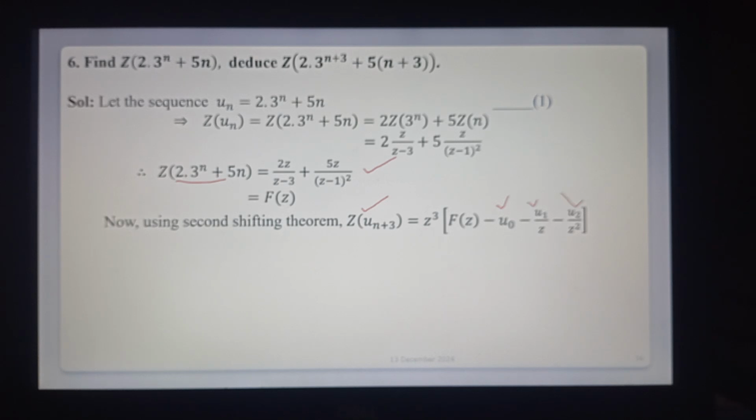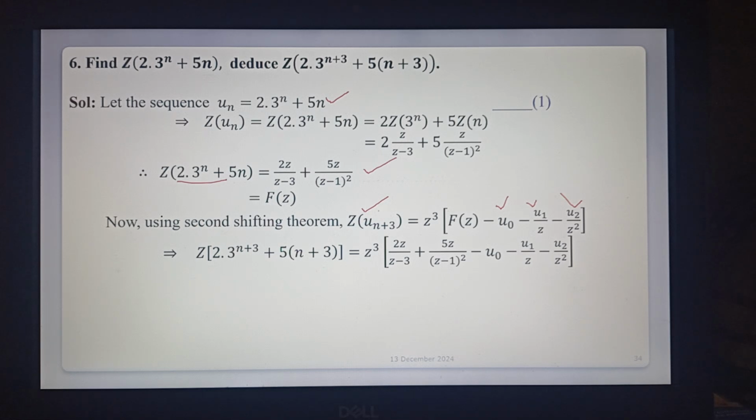From the given sequence, substituting here, u(n+3) means u(n) shifted. So u0: for n equal to 0, substituting here, u0 is 0. Next, n equal to 1, u1 is equal to 11. Next, n equal to 2, u2 is equal to 28.